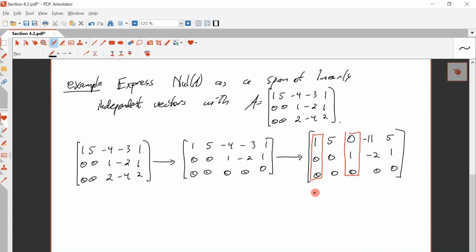So the free variables are the non-pivots, x2, x4, x5.